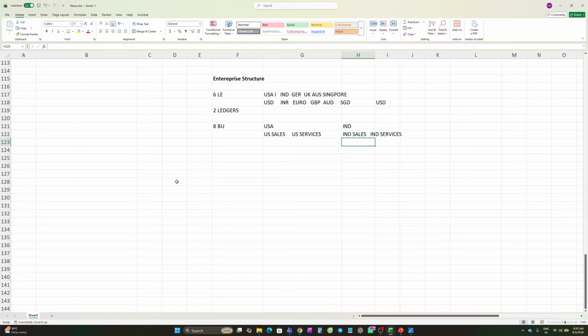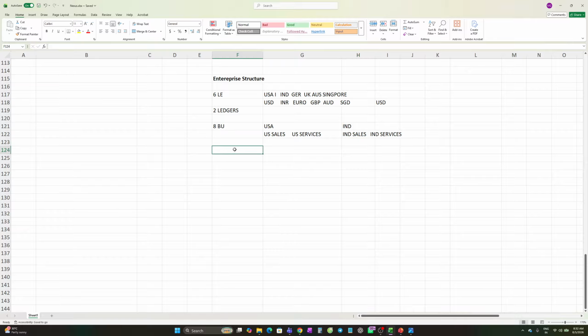So we discussed the point that a legal entity must be mapped to at least one business unit. Along with that, a legal entity can have multiple business units. Okay, in this example, we are using six legal entities, two ledgers, and eight business units.